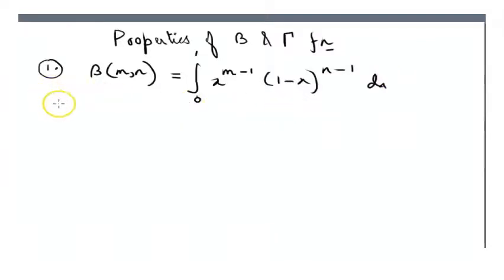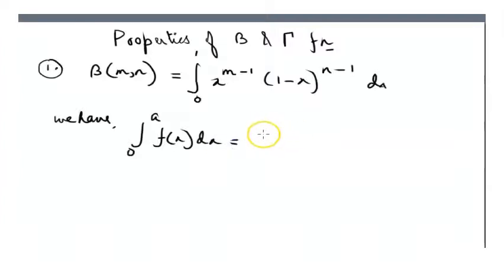Now we have one property of definite integrals: the integral from 0 to a of f(x) dx is equal to the integral from 0 to a of f(a minus x) dx.